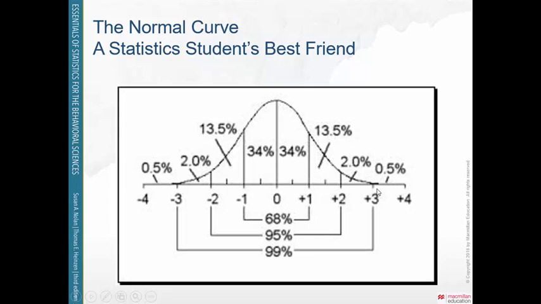And if you go out to 3 standard deviations above and 3 standard deviations below, you can see virtually all of your data is here. 99% of your cases will fall within plus or minus 3 standard deviations, with only 0.5% being greater than 3 standard deviations and 0.5% falling out here at less than 3 standard deviations.